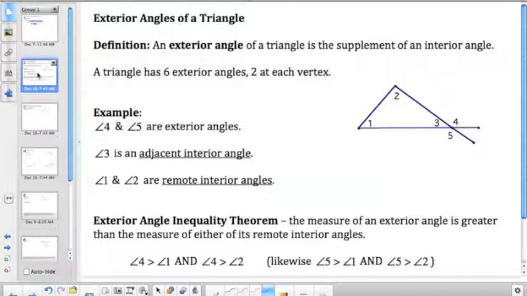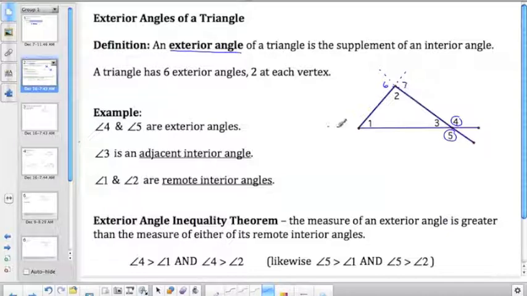And an exterior angle is defined as the supplement of an interior angle. So there are essentially 6 of them. So for instance, angles 4 and 5 are exterior angles because they are supplementary to 3. There would be another 2 exterior angles, let's say 6 and 7, because they are each supplementary to angle 2.